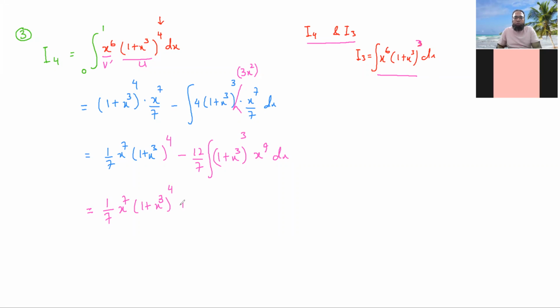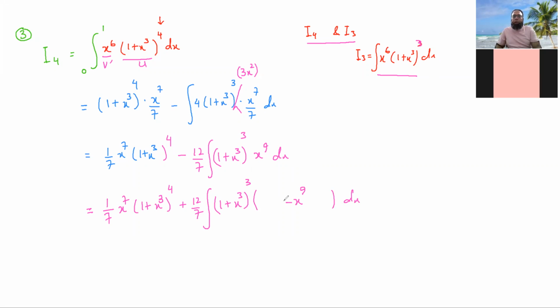Now I'm purposefully going to shift this minus inside with this x to the power 9. This is 1 plus x cubed to the power 3, and right now this is minus x to the power 9 dx. So you see that both of these two terms are the same.